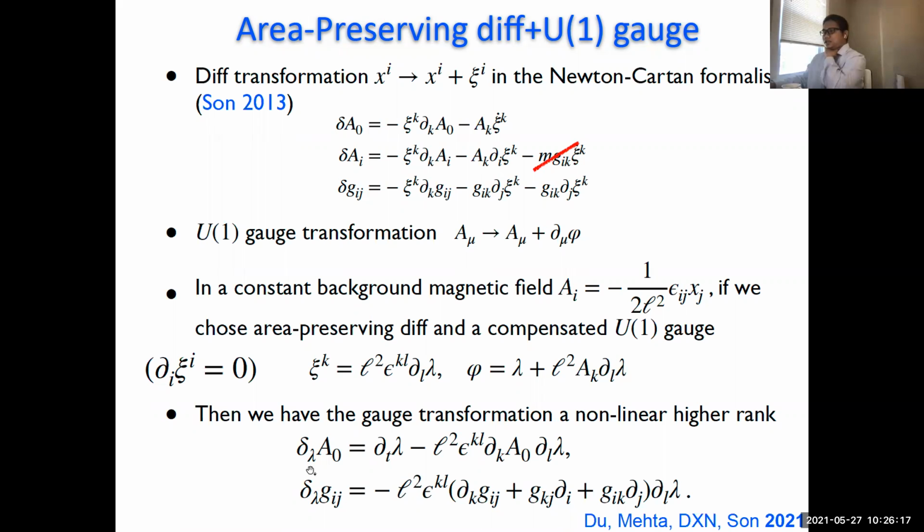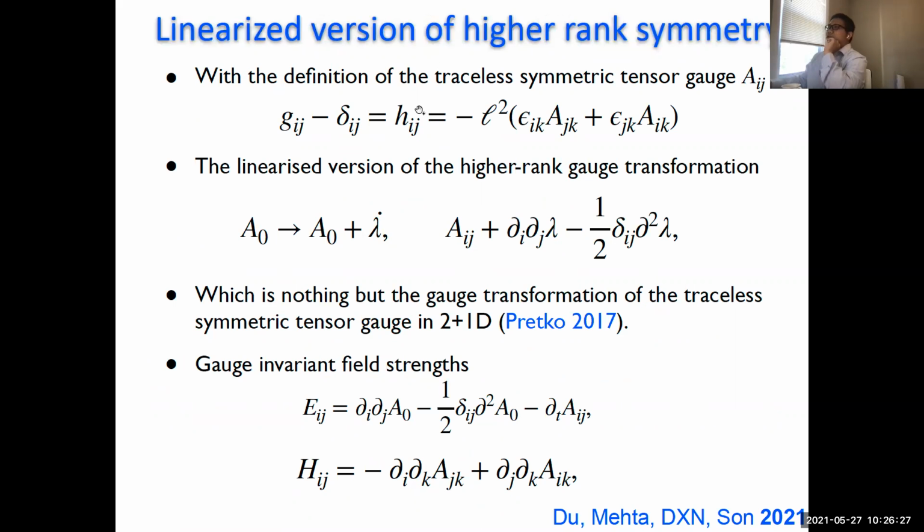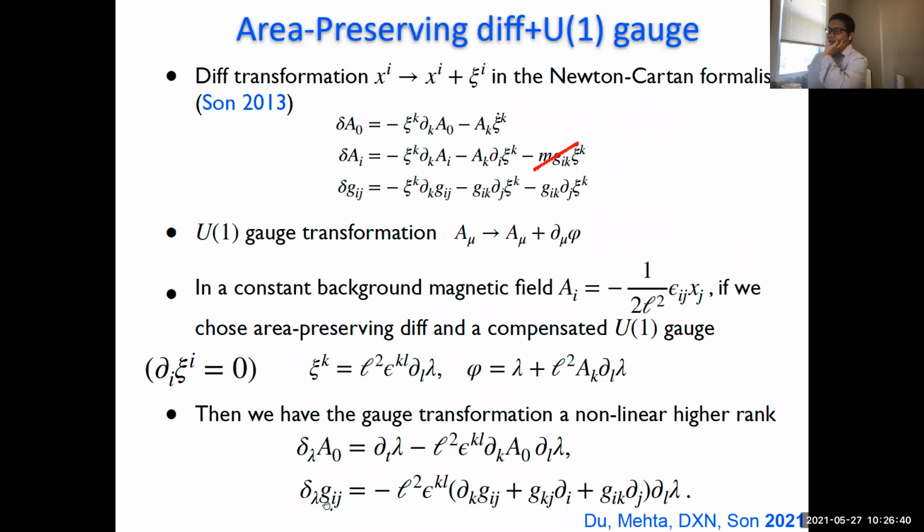So this transformation looks complicated, but let me linearize it and you see a very familiar equation. Let me first define the traceless symmetric tensor gauge field A_ij in terms of G_ij with this form. And the linearized version of this nonlinear higher rank transformation actually has this form.